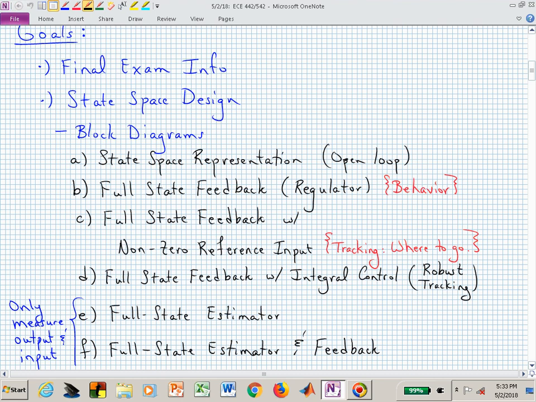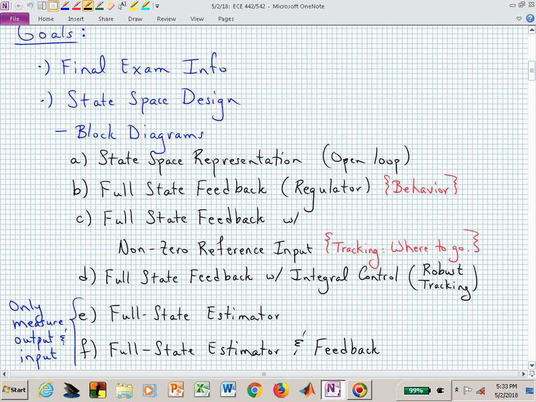And then the others we'll look at via a block diagram, and we'll look at how we might implement integral control with full state feedback. We were using integral control in transfer function based controllers in the PI, the PID, that I was the integral.